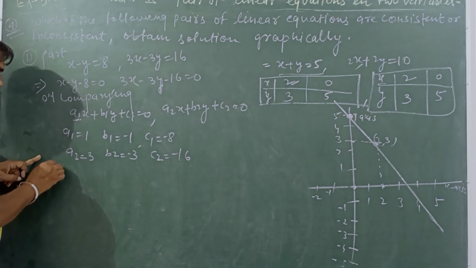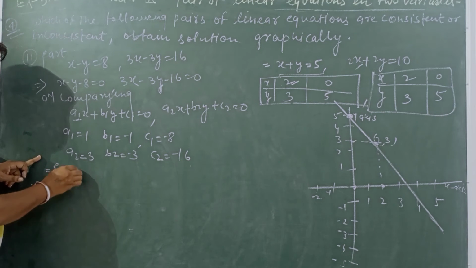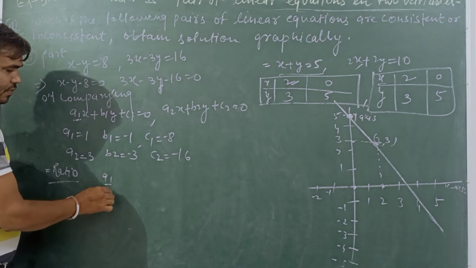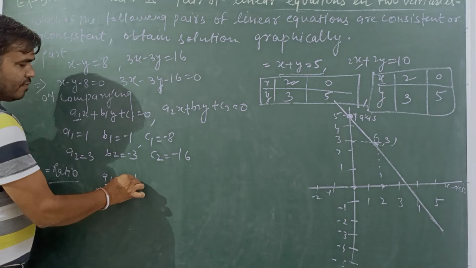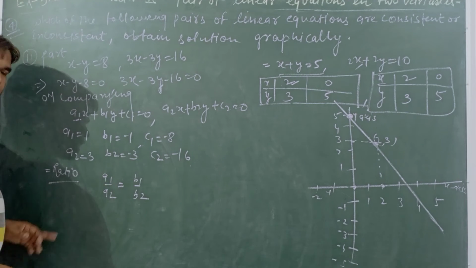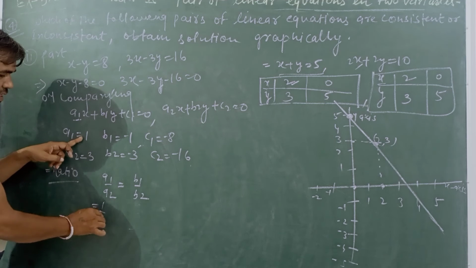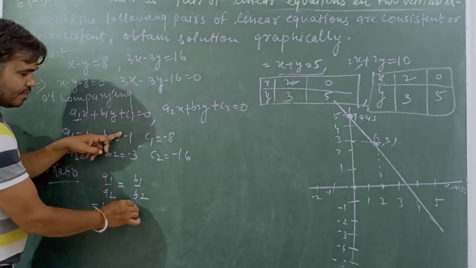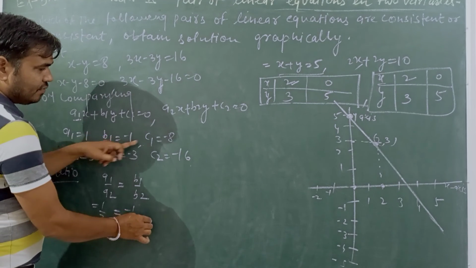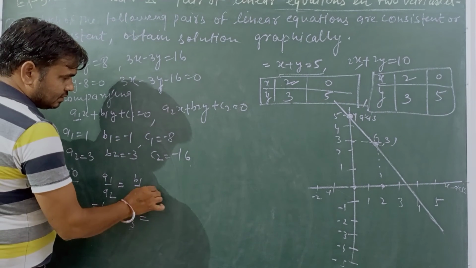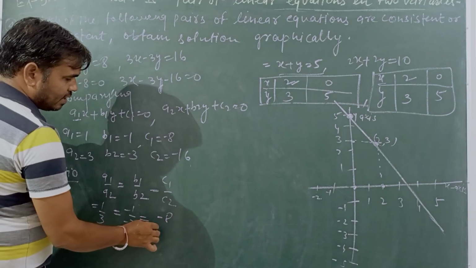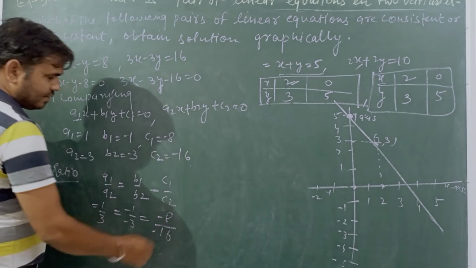For the ratios, first we take a1 over a2 and b1 over b2, one by one. Here 1 over 3 and minus 1 over 3, and c1 over c2 is 8 over minus 16.